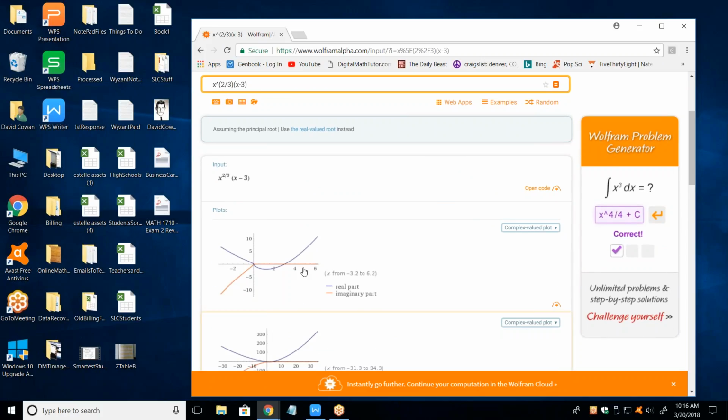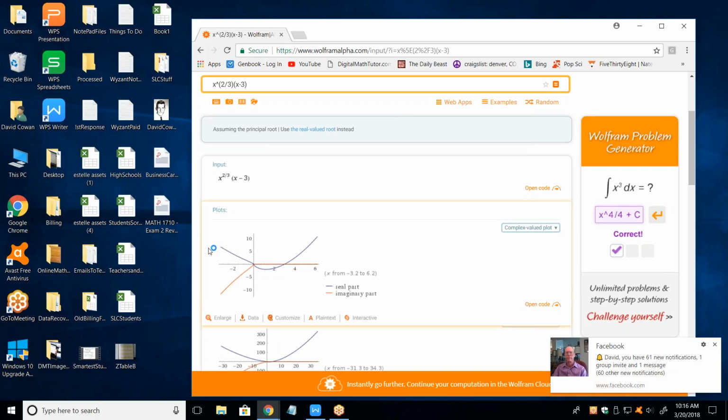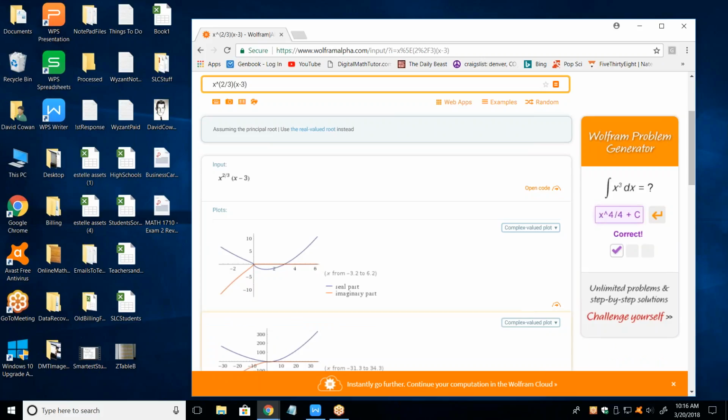See, do you know these curves here? The blue is the real part. The brown is the imaginary part. So I understand why they have this imaginary part here. What I don't understand is that part. How can you have a negative number for x? So I must be misinterpreting a complex valued plot.